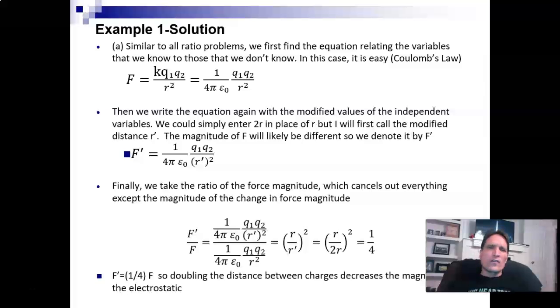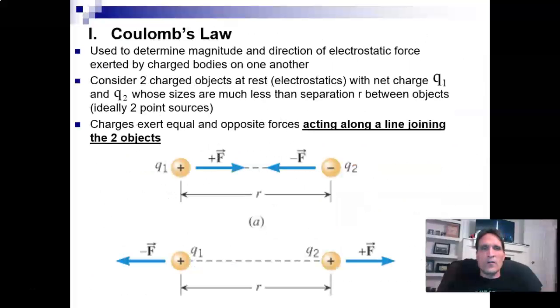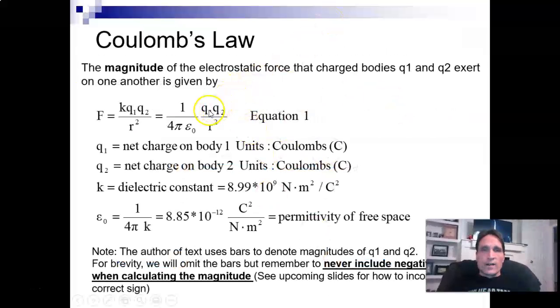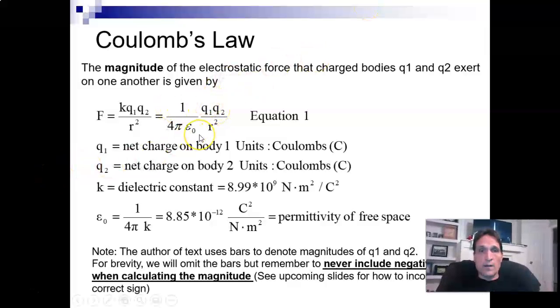Now there's a little bit of an assumption here. It's not a big deal now, but it will become a little more important later. When we derive Coulomb's law in this simple equation here, this only applies strictly if the size of the charged bodies is much smaller than the separation R between them.